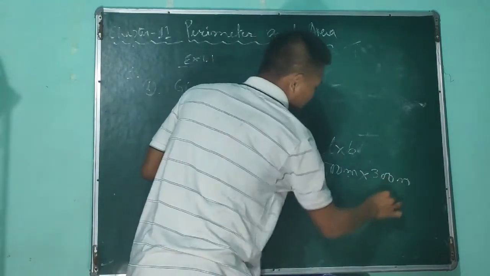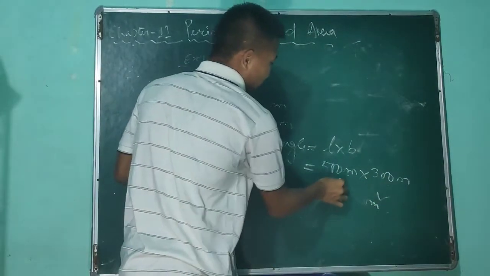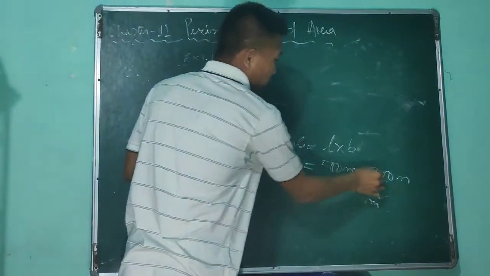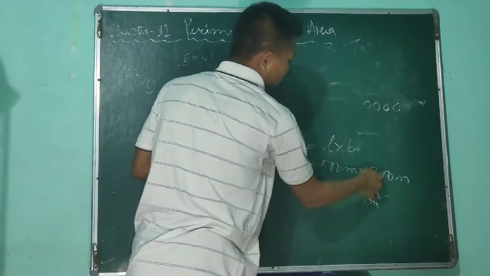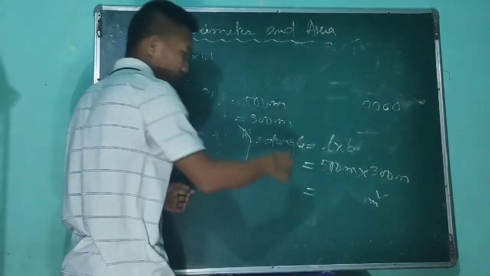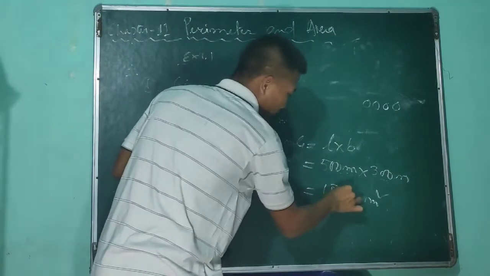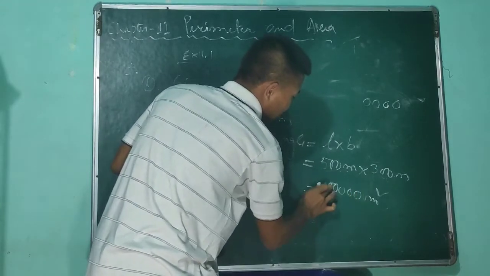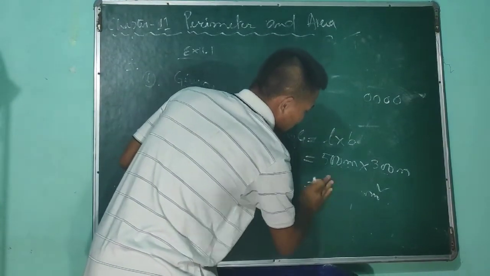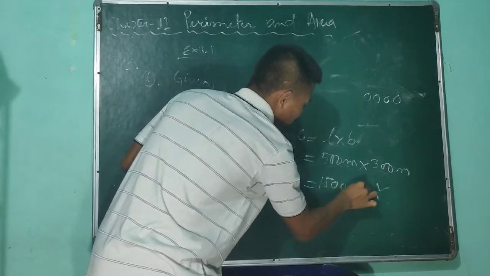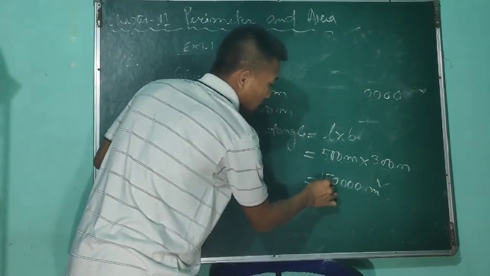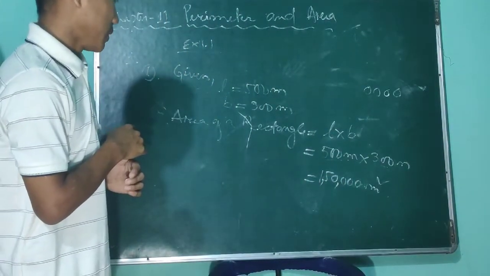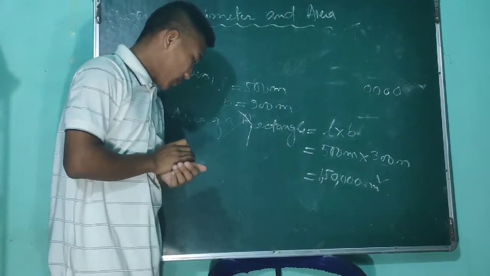Now multiply meter by meter, it will be meter square. For easy multiplication, take the 4 zeros out: 1, 2, 3, 4. Let's multiply the two numbers. 5 into 3 is 15, and with the 4 zeros, you add them back: 10, 100, 1,000, 10,000, lakh. 1 lakh 50,000 square meter. So that's the answer for part 1.